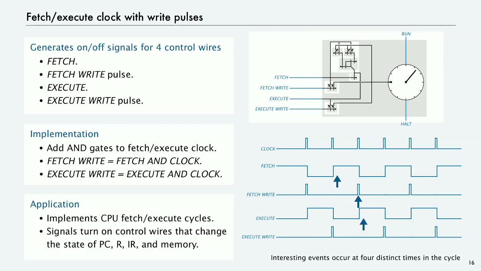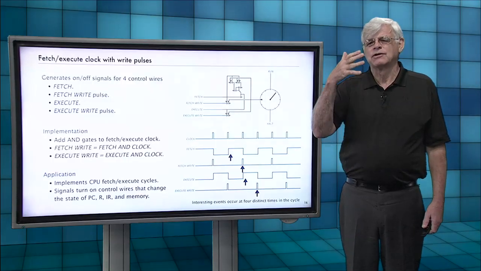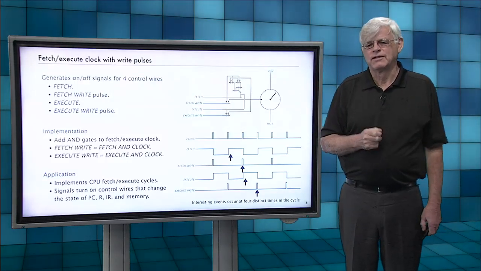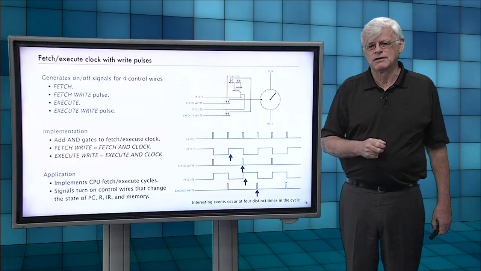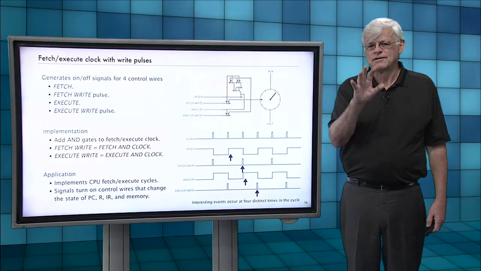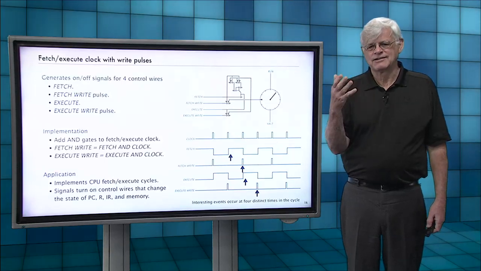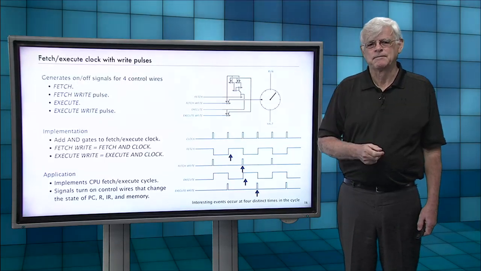Then execute comes high, and certain control lines go on, and then execute write happens, and certain flip-flops change. And that cycle is going to continue over and over and over again, and that's what's going to drive the changes in the circuit that implement instructions. And all of this is made possible by a single bit connected to a simple clock.